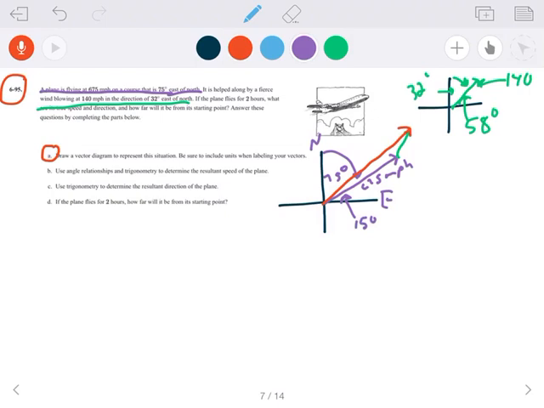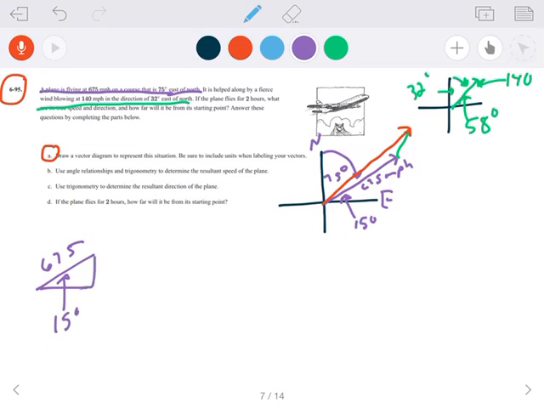So let's start with the purple vector first, the plane. We have a hypotenuse of 675, and I really didn't draw that correctly. Let's do it more like this. 675, and we have this angle here, which is 15 degrees.